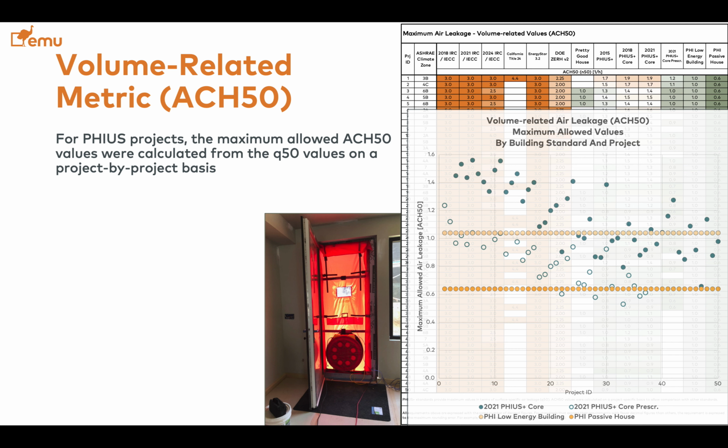So the dark orange is PHI passive house, the light orange is PHI low energy building. The solid blue is FUSE 2021 core, and the white dot with the blue line circle is the prescriptive FUSE, which is required to be more airtight than the FUSE performance-based.